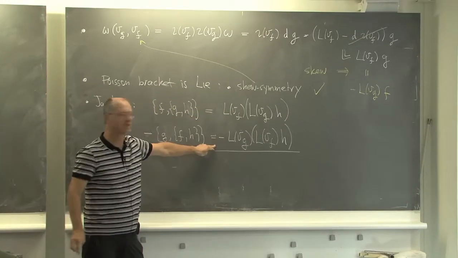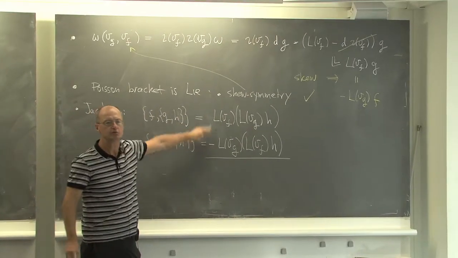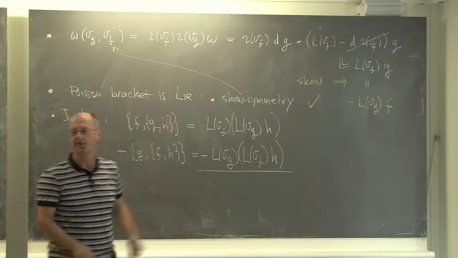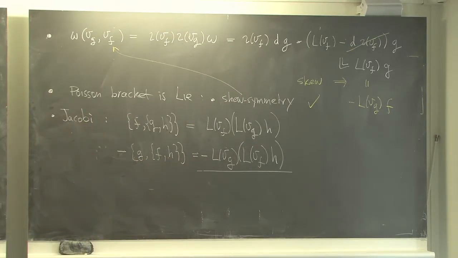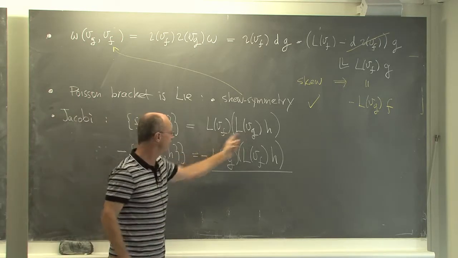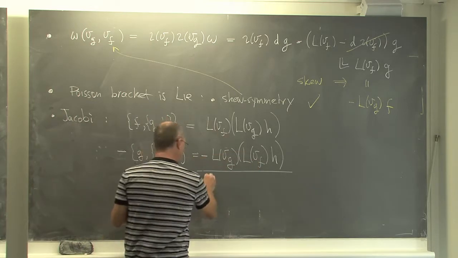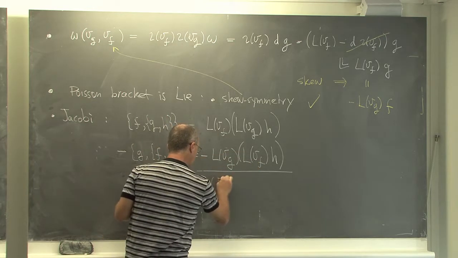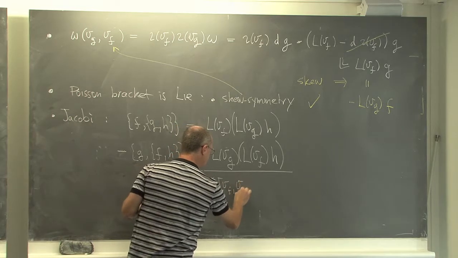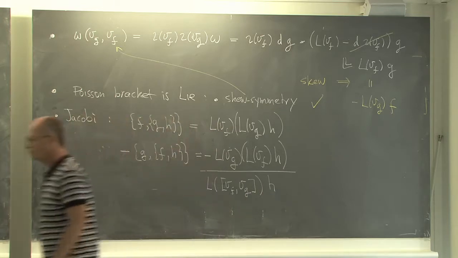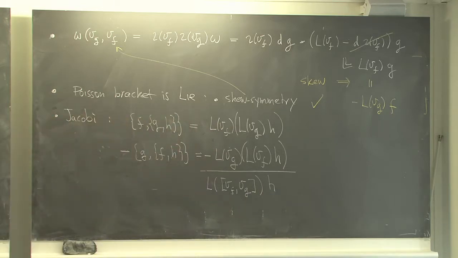So let's add them up. As in primary school, we write two numbers, one under the other, and we add them up. So let's see what this exercise gives. Here we're getting a commutator of Vf and Vg, which is acting on h.